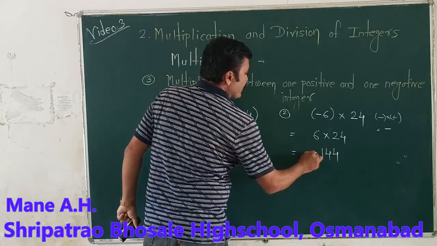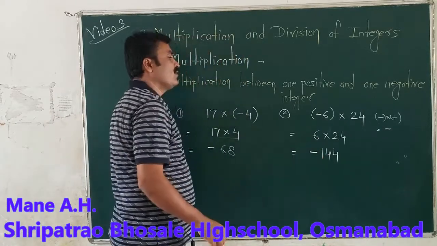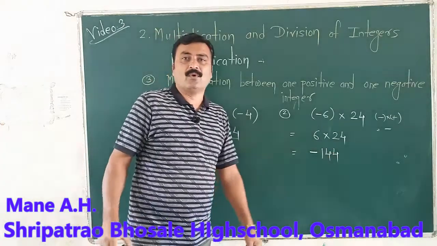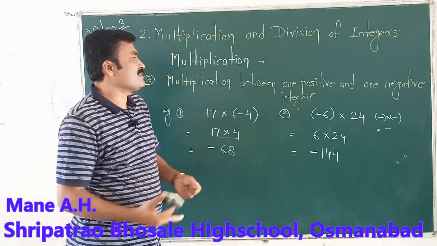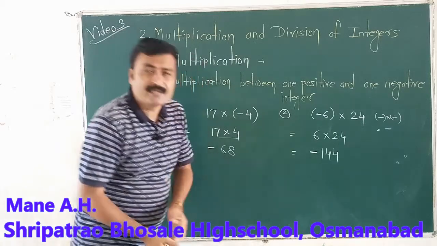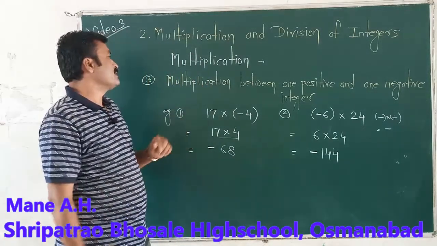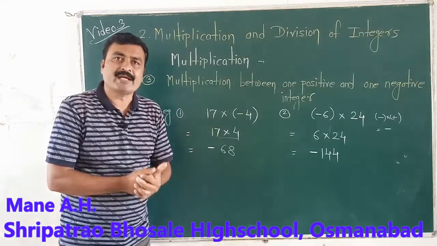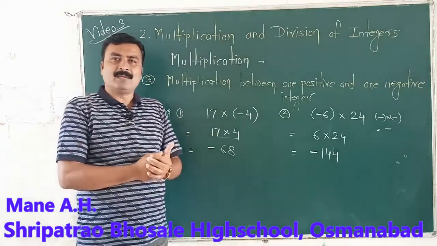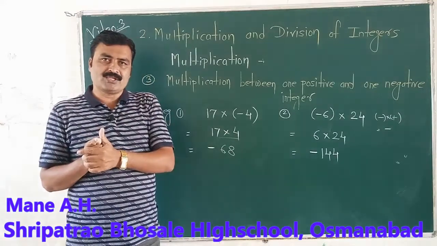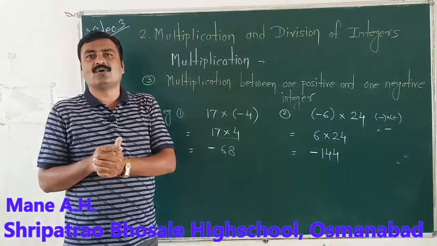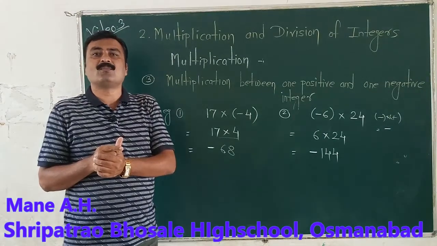So we attach a minus sign here, and we got the answer as minus 144. That means from these two examples, I am stating the rule for this third most important condition. When we do the multiplication between one positive and one negative integer, their product always comes in the form of a negative integer.